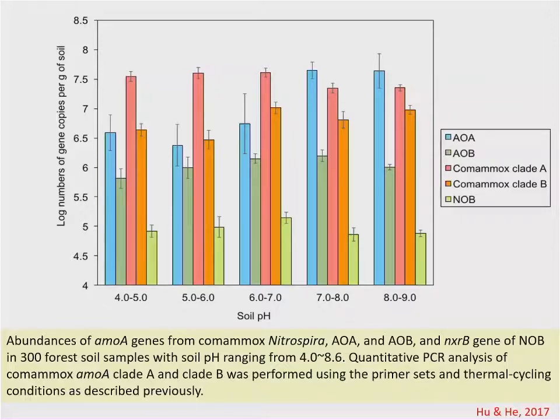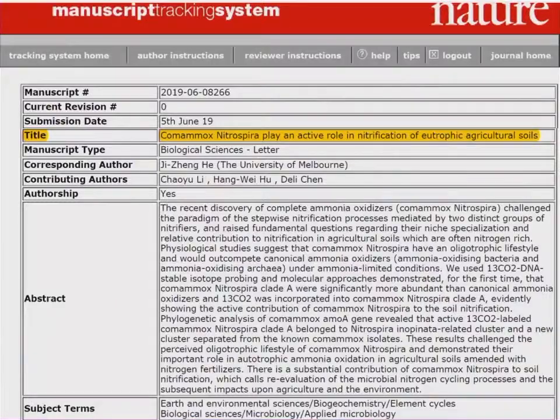At the moment, I have several students working in this field, and two weeks ago we got the first evidence of comammox playing an active role in nitrification in the eutrophic agricultural soils in Australia. We submitted it to Nature, but I don't know if it will be successful.